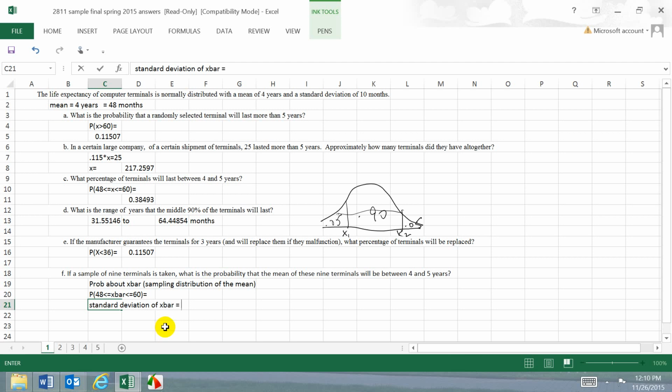The standard deviation of x bar, also known as the standard error, is equal to sigma over the square root of n.